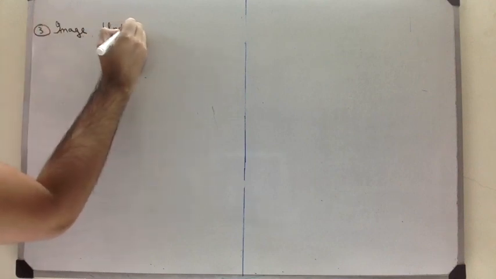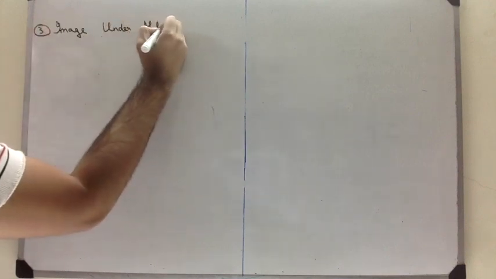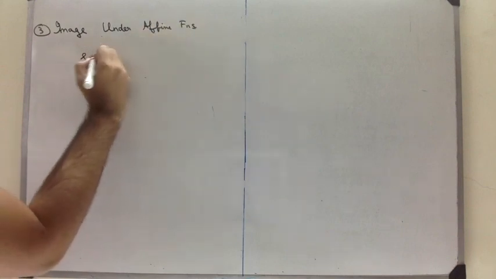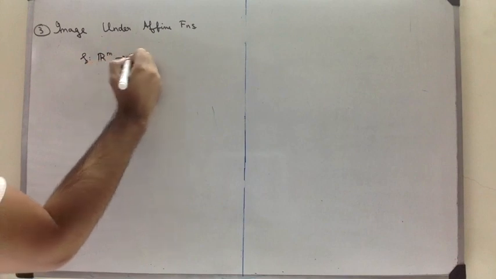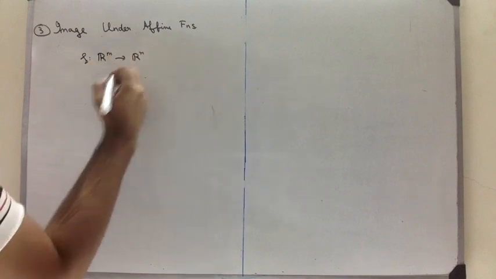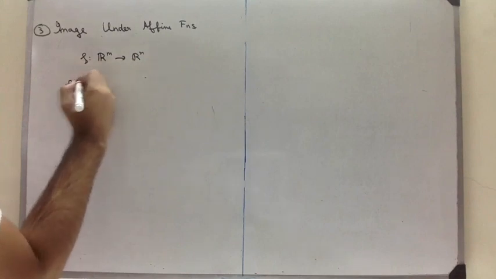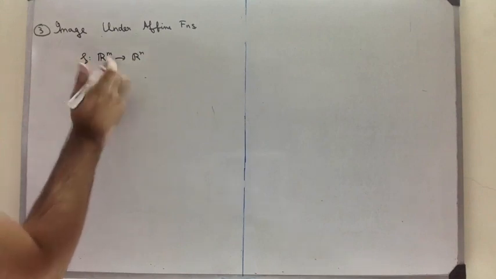Another important thing is the image under affine functions. A function f from Rm to Rn is called an affine function if it is of the form of a linear function plus a constant.